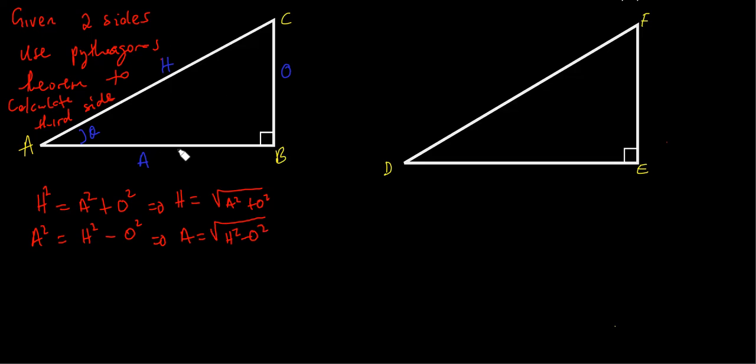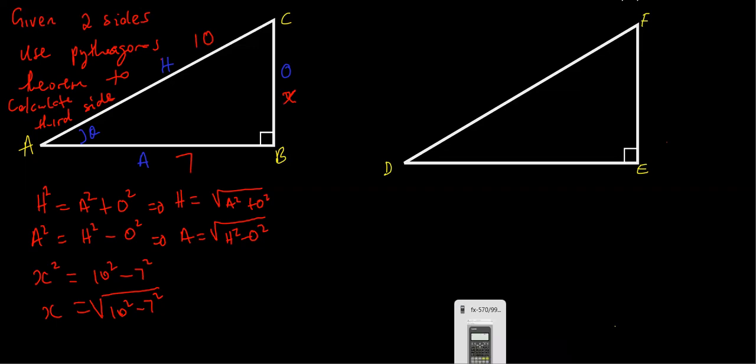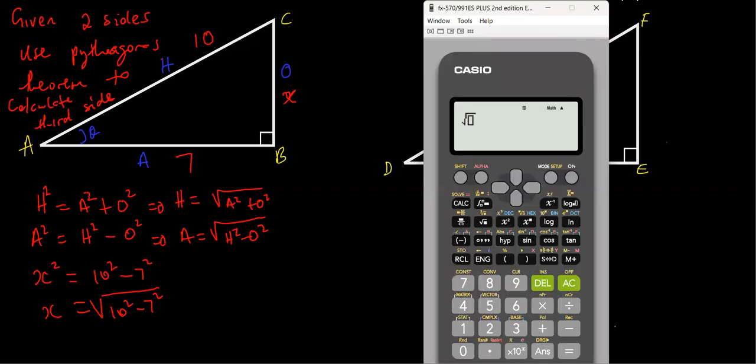Now, let's give an example. Let's say you're given 7 here and 10 here, and we are looking for x. So x squared will be equal to 10 squared minus 7 squared, so x is the square root of 10 squared minus 7 squared. 10 squared is 100, minus 7 squared, we get root 51.